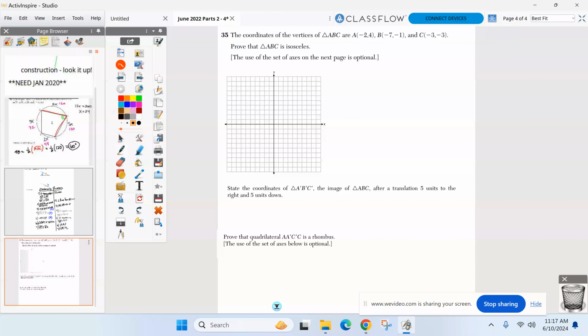The graph is on the next page, I believe. The use of it is optional, but somebody asked in my 3rd period class about scrap graph paper.